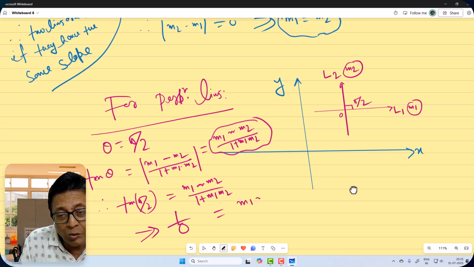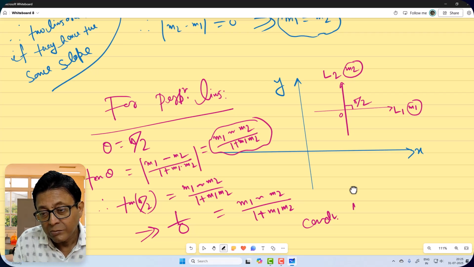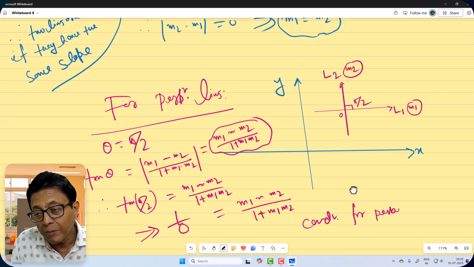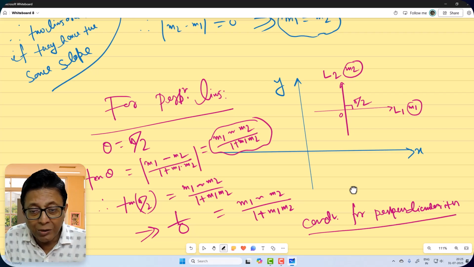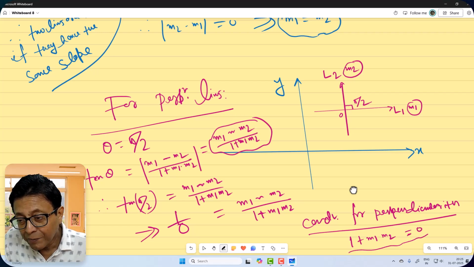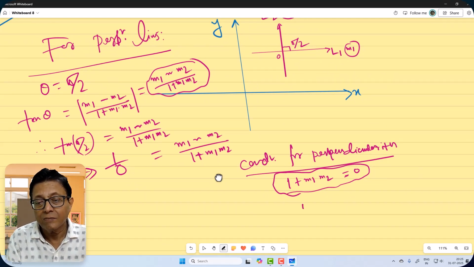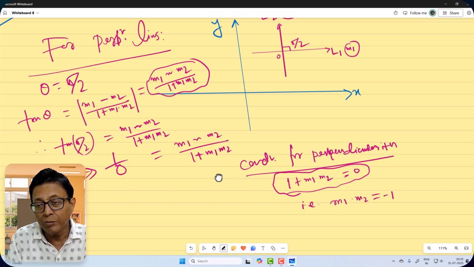So 1 by 0, the condition for perpendicularity will be 1 plus m1 m2 equals 0. That is, m1 into m2 equals minus 1.